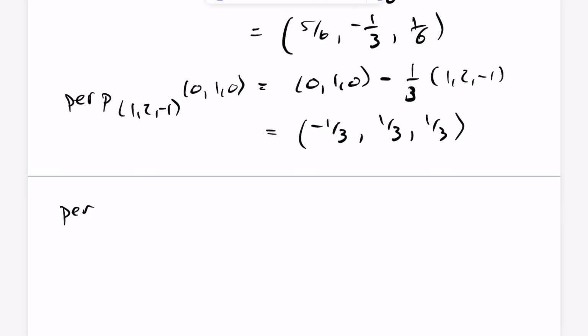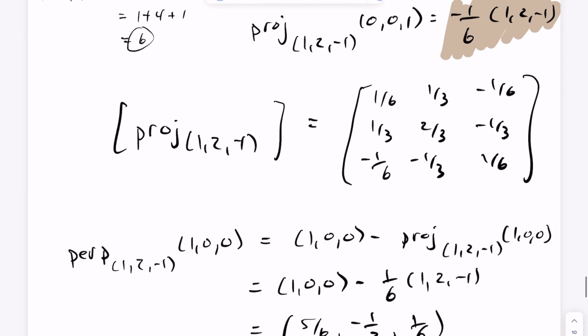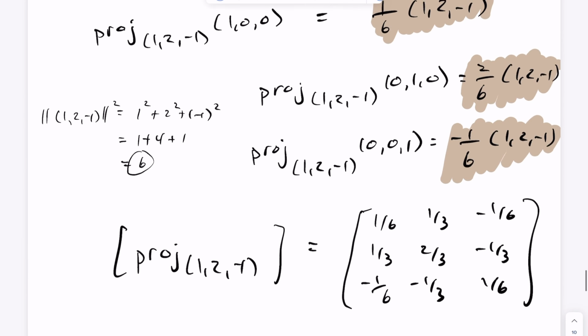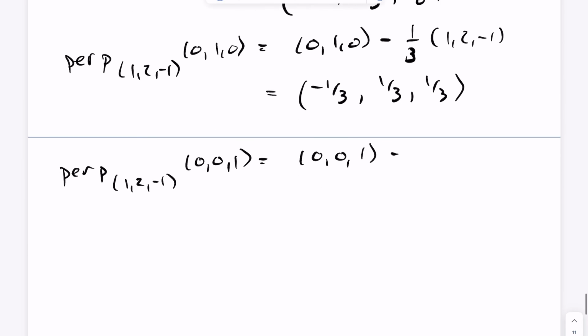And then lastly, the perpendicular projection of 0, 0, 1. So you're going to get 0, 0, 1 minus, and the projection vector here was negative 1/6. So watch the double minus sign here.